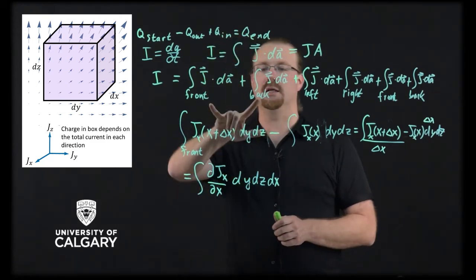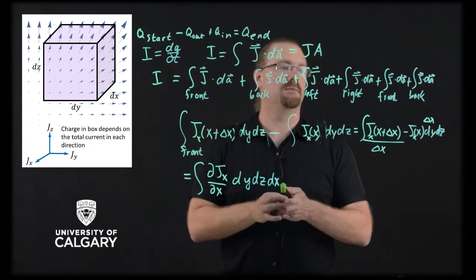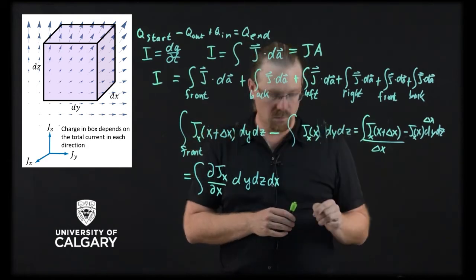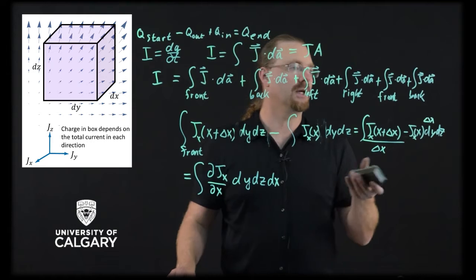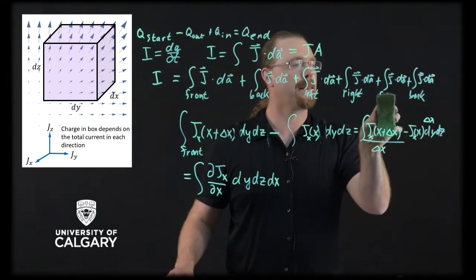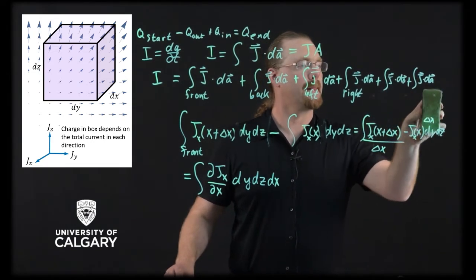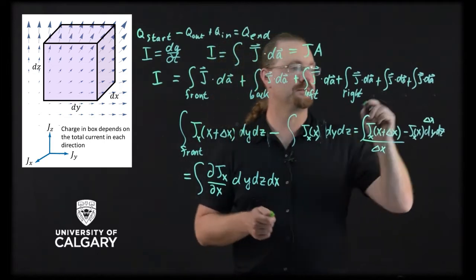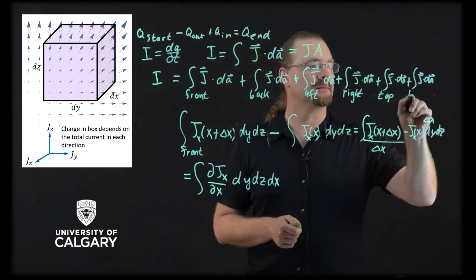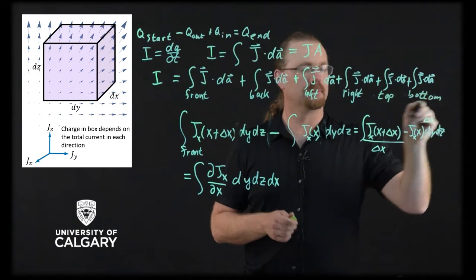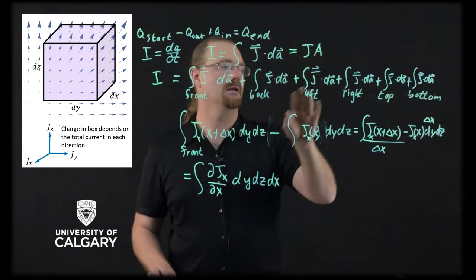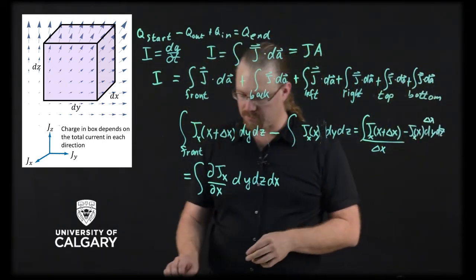If we do the same thing, not just on the front and the back, but on the left and right, I missed this a while ago, this should be top and bottom. So, front and back, left and right, and the top and the bottom.